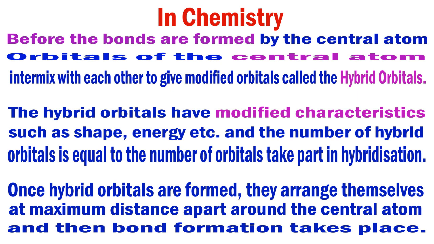Once the hybrid orbitals are formed, they must be arranged in such a manner that the repulsion among them is minimum. That's why they maintain maximum distance between them. That gives rise to a definite shape to the central atom and to the molecule.